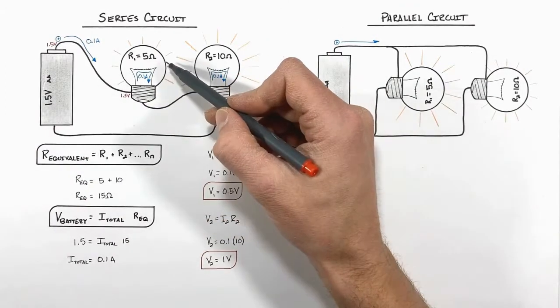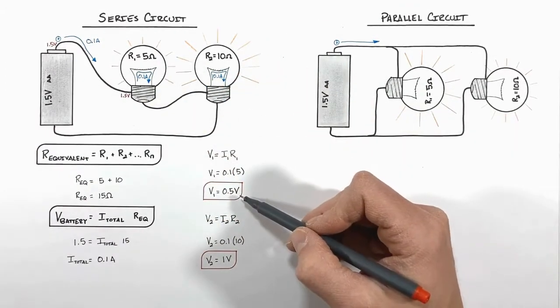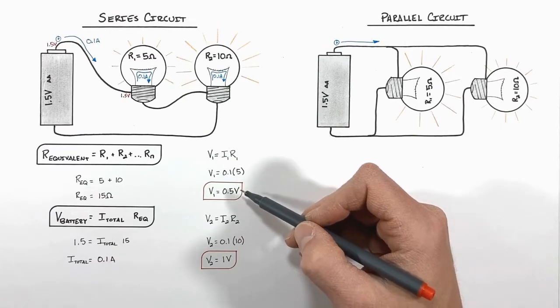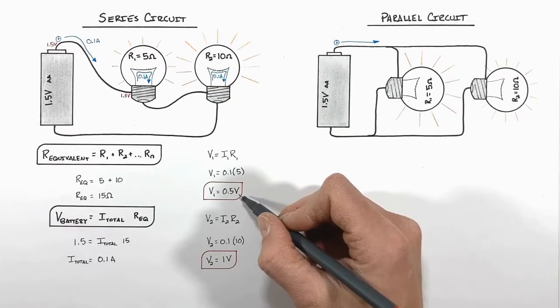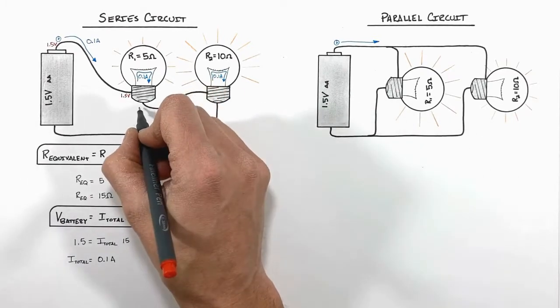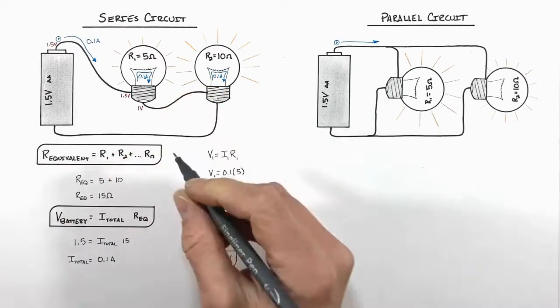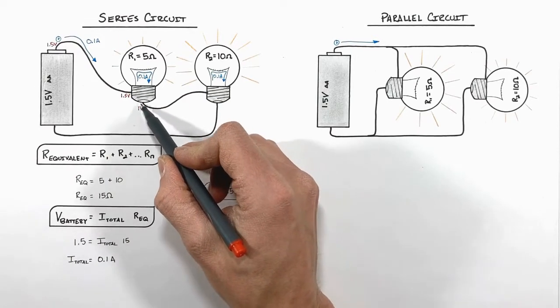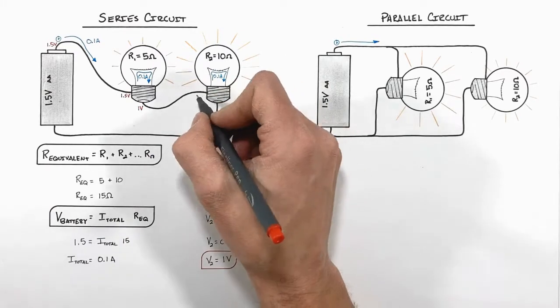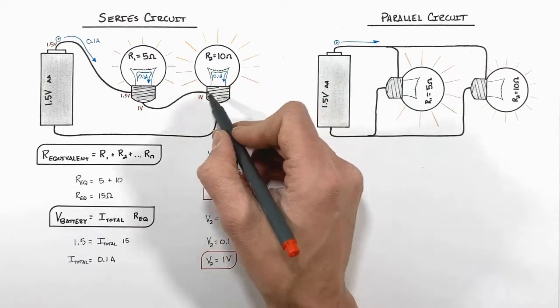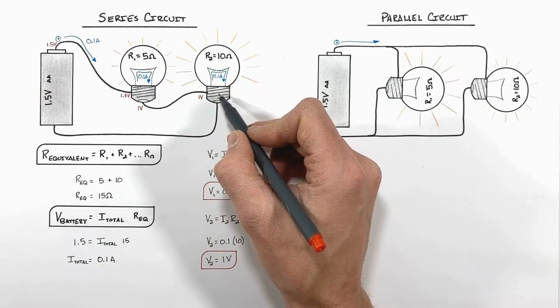Now as it passes through this bulb, we know it's going to lose 0.5 volts of electric potential. So 1.5 volts minus the 0.5 volts which it's going to lose will leave it with 1 volt of potential as that charge exits this resistor and enters this wire. Then it travels along this wire and enters this bulb with 1 volt of potential.